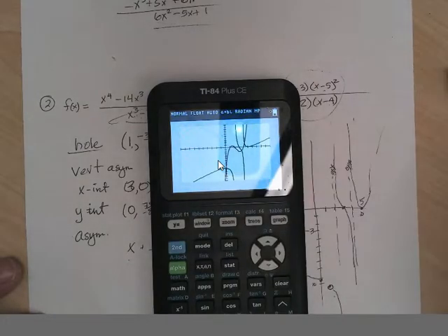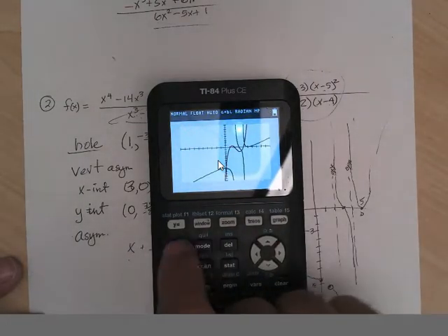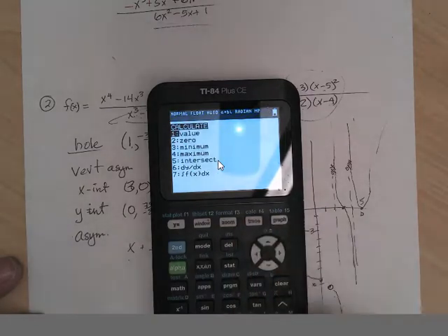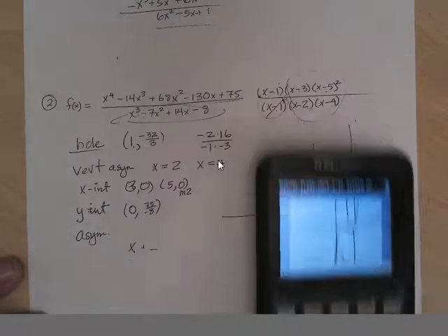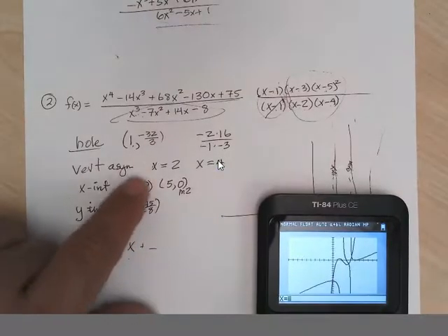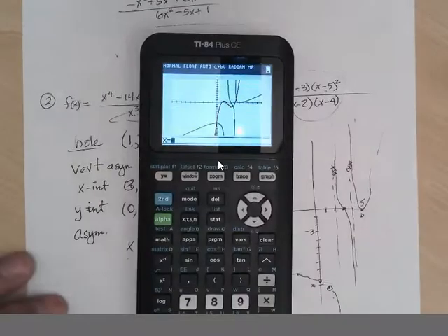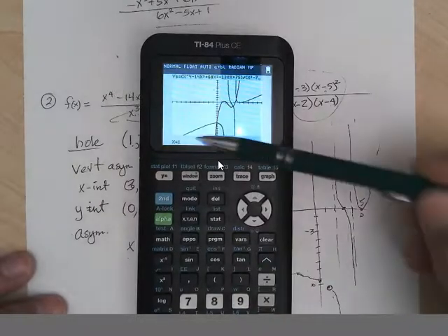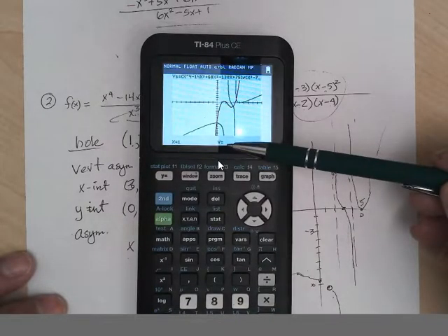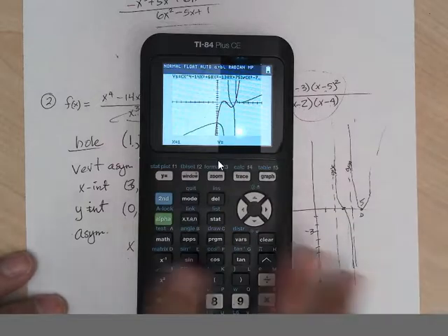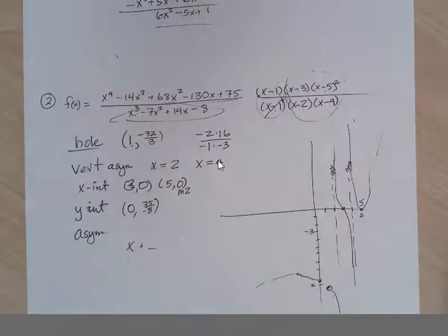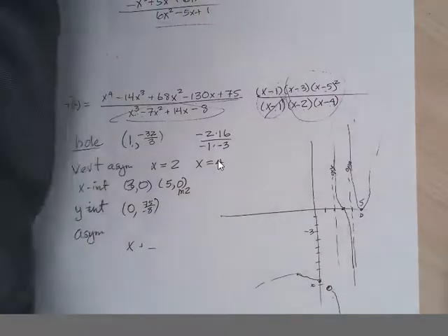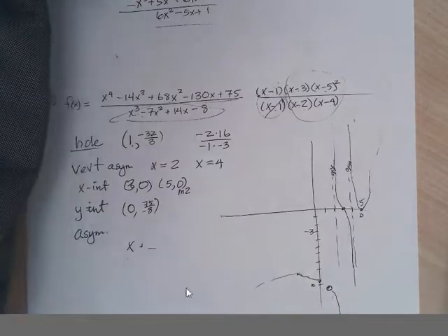Second, calculate the value at, we said the hole was at 1, and it says at 1, there's no y value, there's a hole there. Okay. And I'm going to stop there and make a video of the other ones after this.